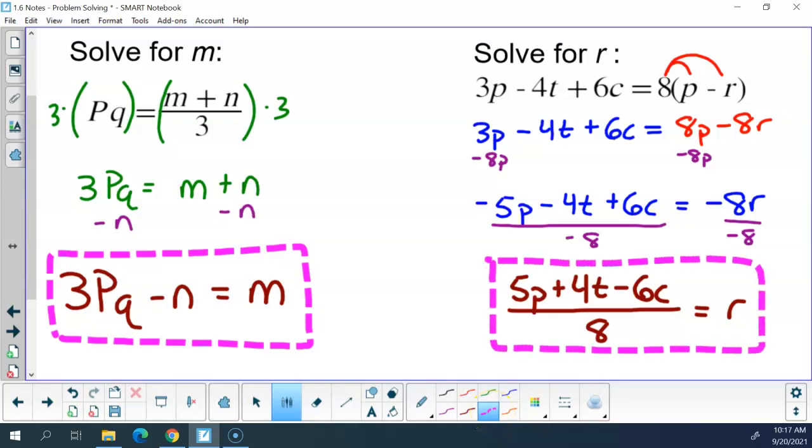I get 5p plus 4t minus 6c all over positive 8. Wait, what? No, I got positive 8. I changed all the signs on top, and then it became positive and much cleaner. Because I multiplied by -1 on top and bottom, and -1 divided by -1 is +1, so it's legal.